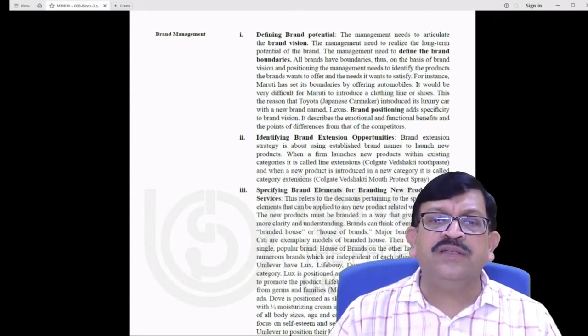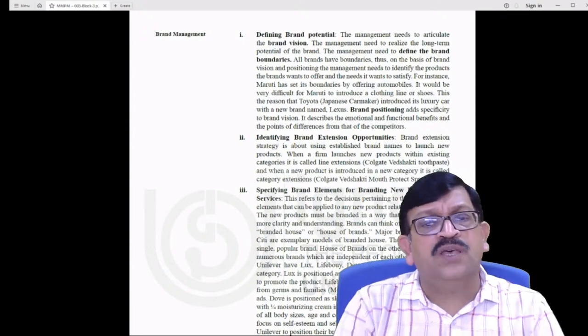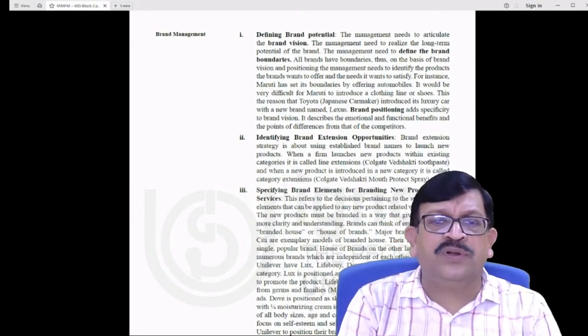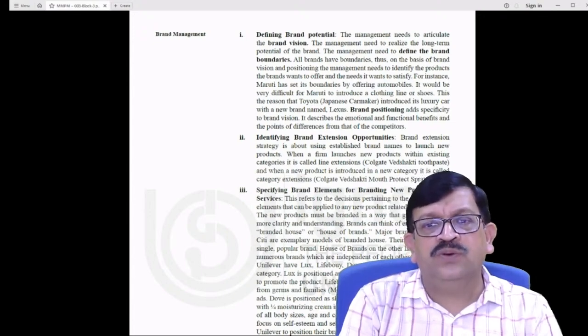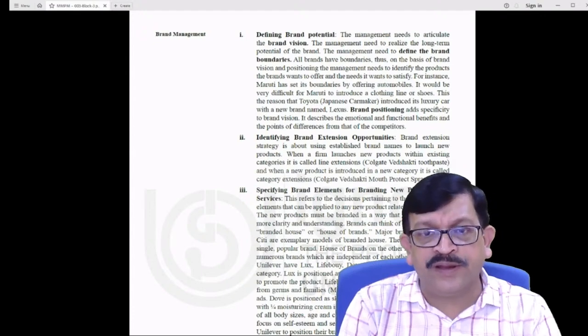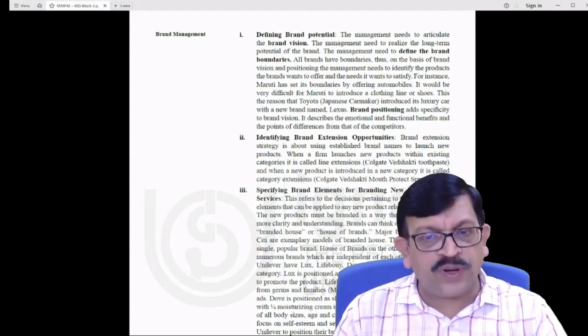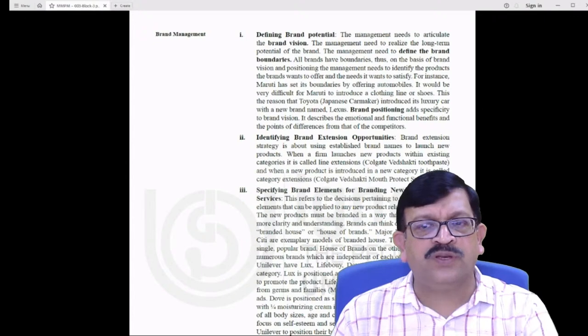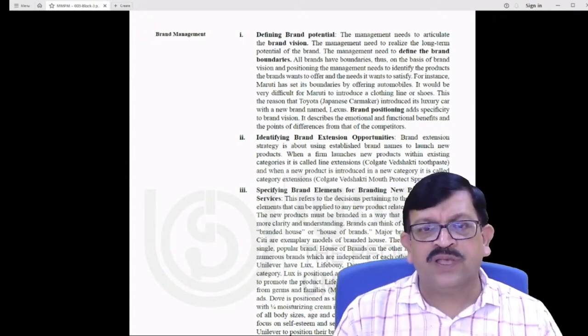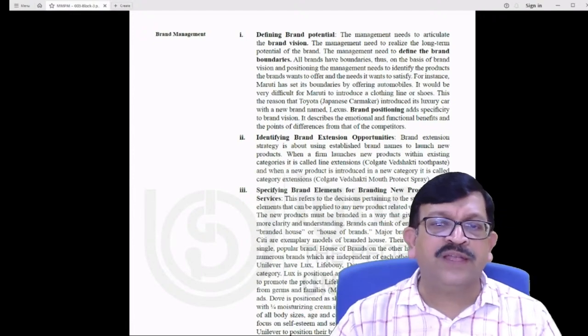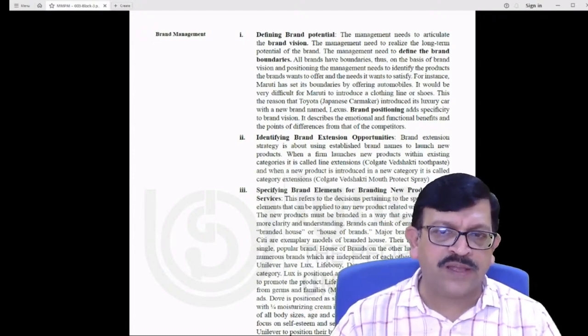When you add new products within the existing product category or product line, it is called a line extension. For example, in the Colgate toothpaste example highlighted here, Colgate with Shakti, Colgate gel, Colgate mouthwash or whatever it is, you are talking in terms of line extension under the Colgate toothpaste category.